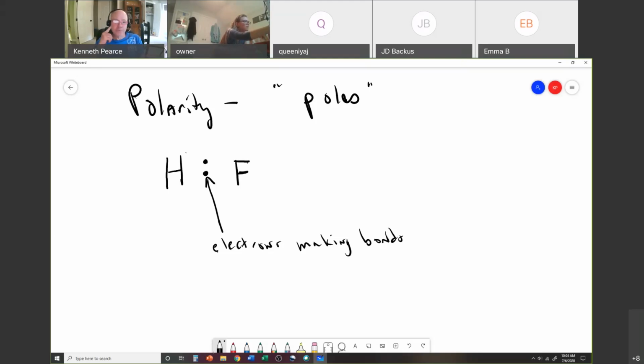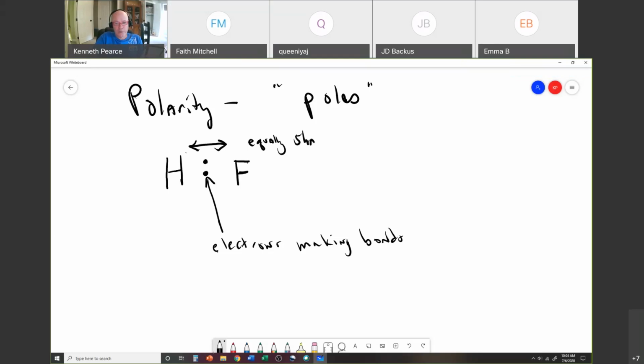Okay, now all things being equal, you would think that they would be equally shared between the hydrogen and the fluorine. They are in between, and we would say these are equally shared in an ideal world. Okay, but in fact they're not.